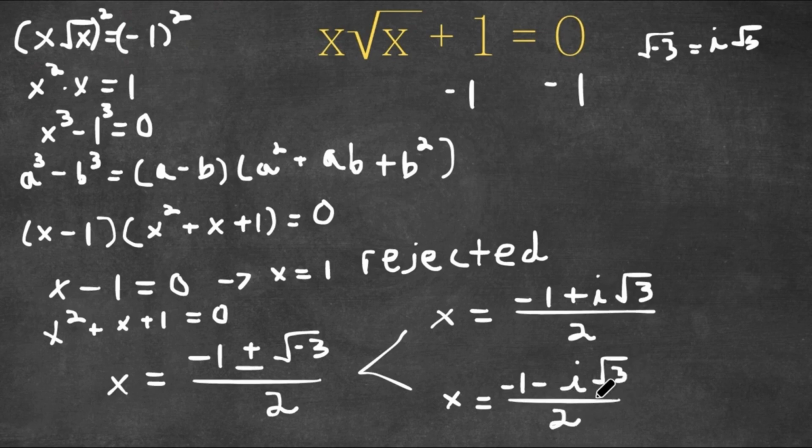However, if you plug these into the original equation, they are again rejected. Both of these are rejected as well, and this equation actually has no solution. So no solution is our answer.